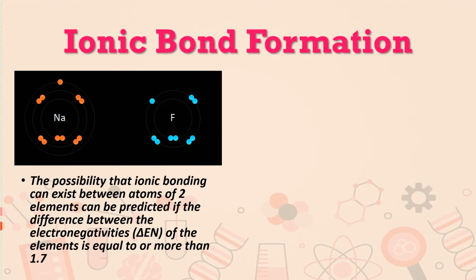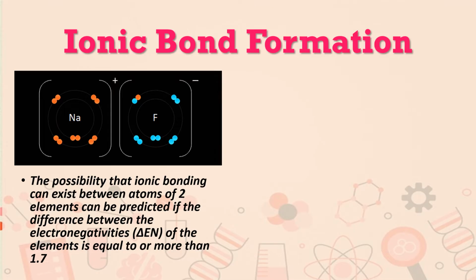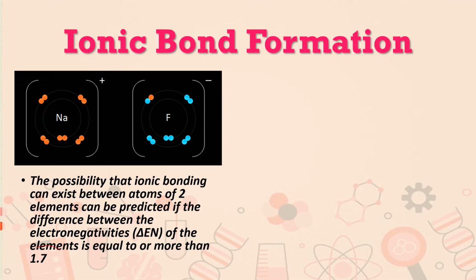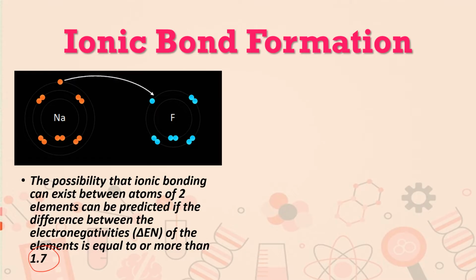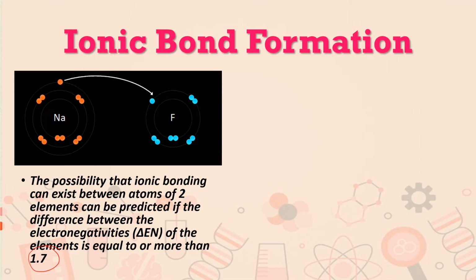As it says here, the possibility that ionic bonding can exist between atoms of two elements can be predicted if the difference between the electronegativities of the elements is equal to or more than 1.7. So how are you going to know the electronegativities of the elements? They are found in your periodic table actually. You just have to look for it or you may just search it.